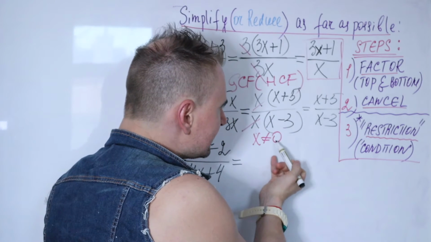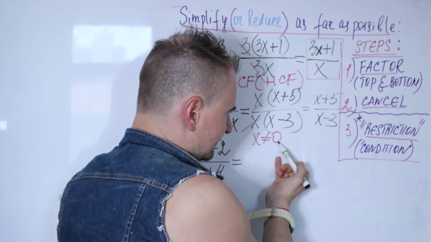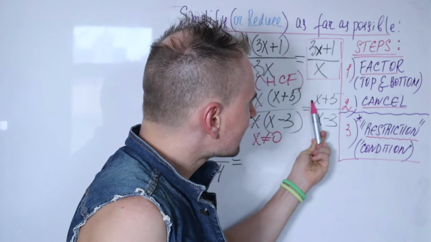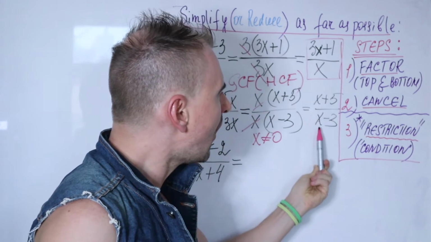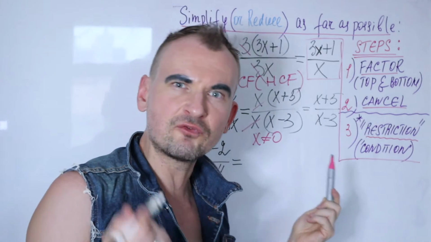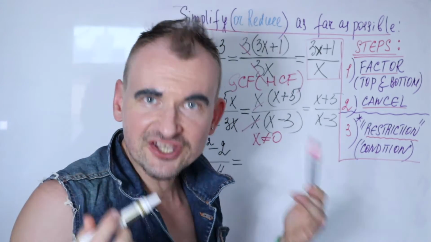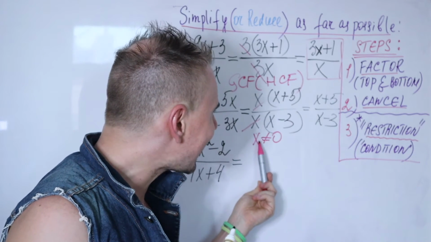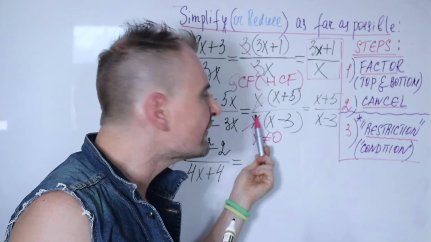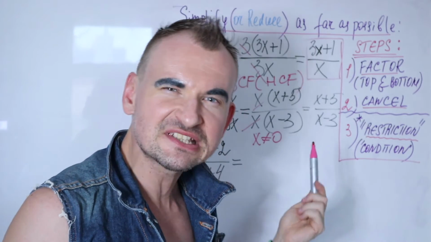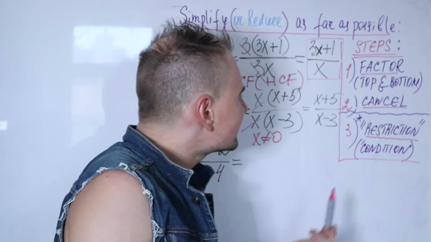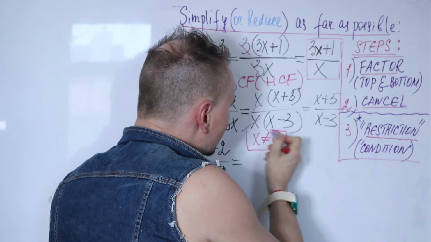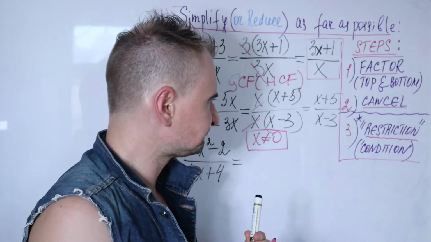And if you plug in x equals 0 over here, you would have 0 plus 5 over 0 minus 3, so 5 over minus 3, which is correct, no problems. But when we plug in x equals 0 here, we would have these division problems. That's why this restriction comes out. That's why you should write it.